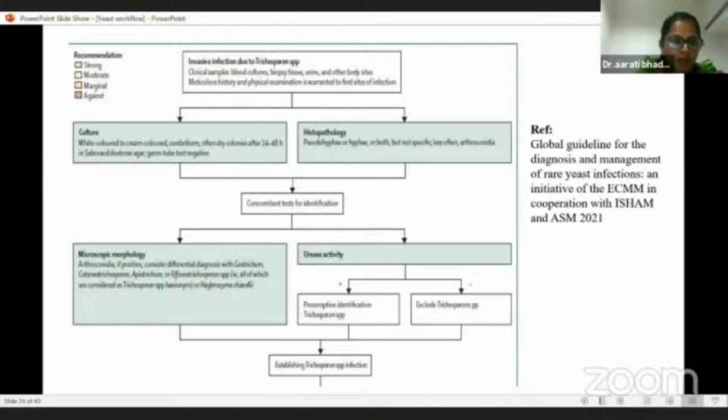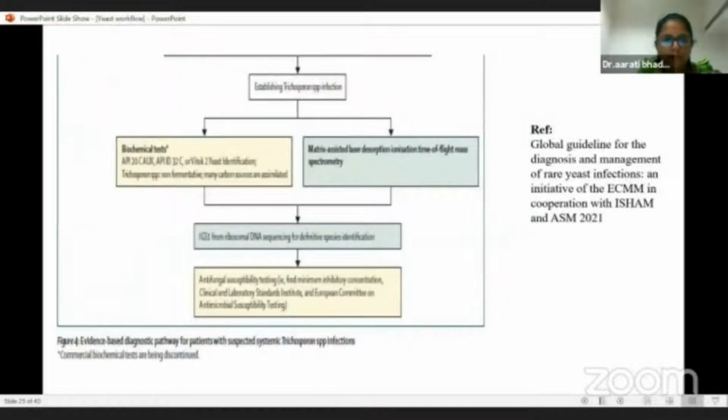Then we have to do other identification tests, microscopic morphology and the urease test. If the urease test is positive, we have to report it as a presumptive Trichosporon species, and then we have to go for the different methods for detection, like MALDI-TOF or biochemical tests.